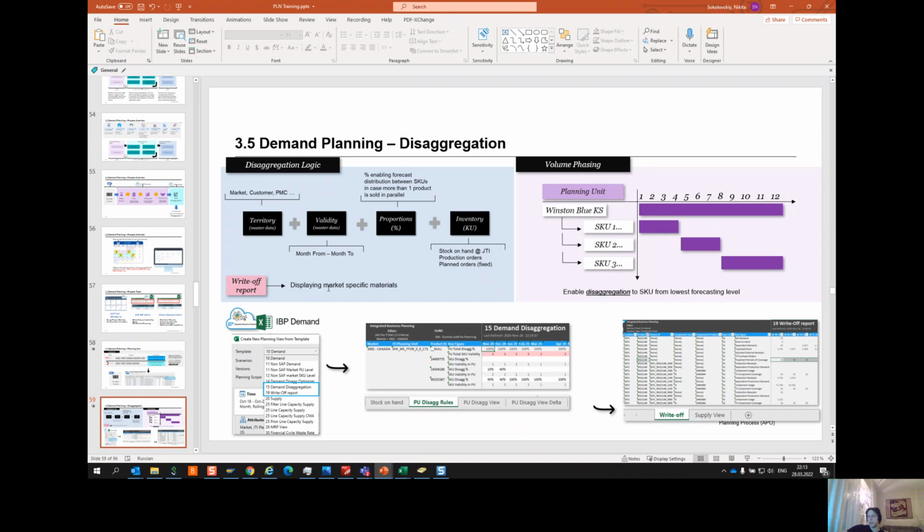Basically, the planning process from the technical side looks maybe mysterious, but quite similar. Planners choose a template, filters, the time limits, the key figures, the planning units, and they basically see a table with values.